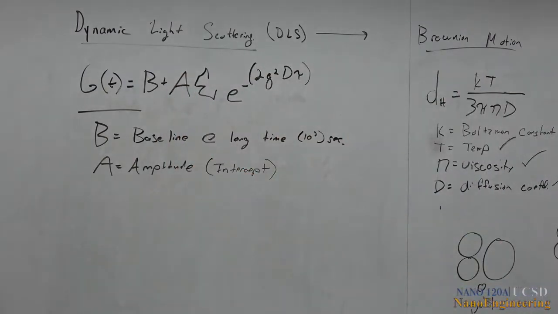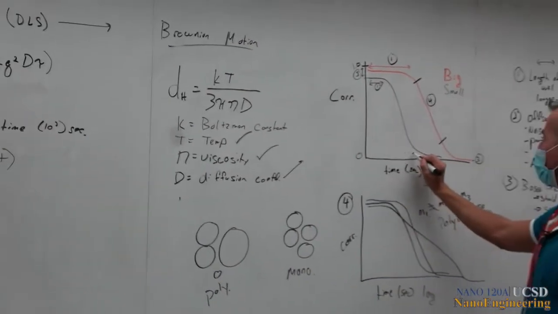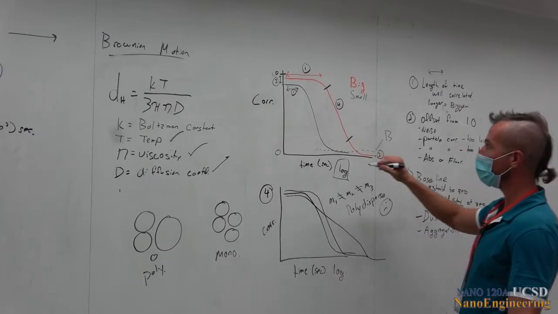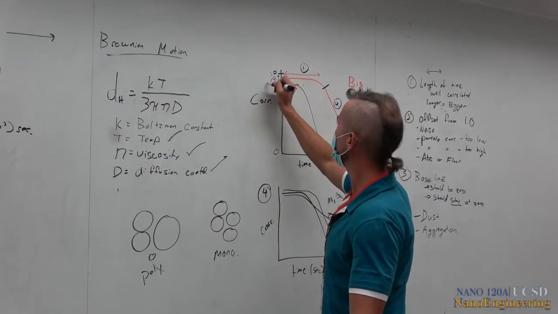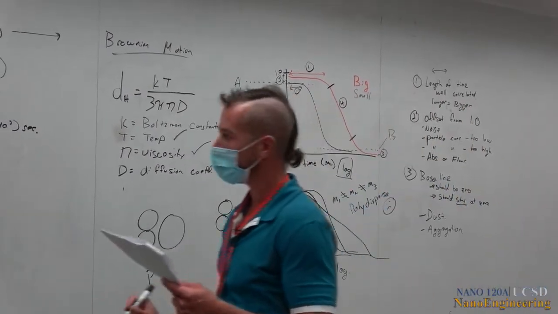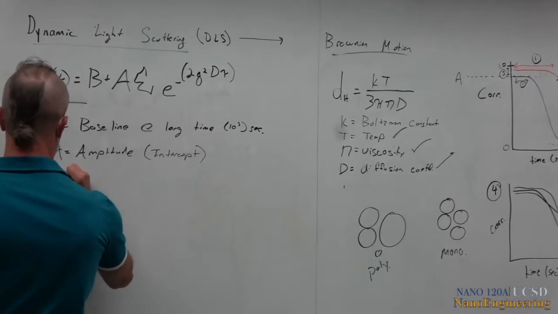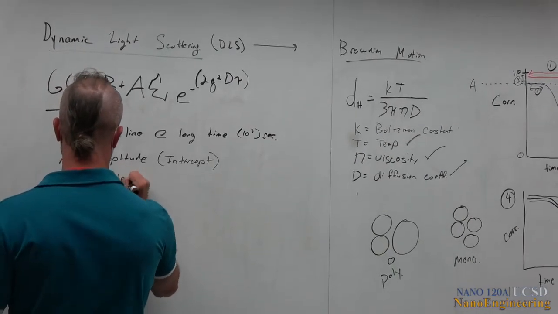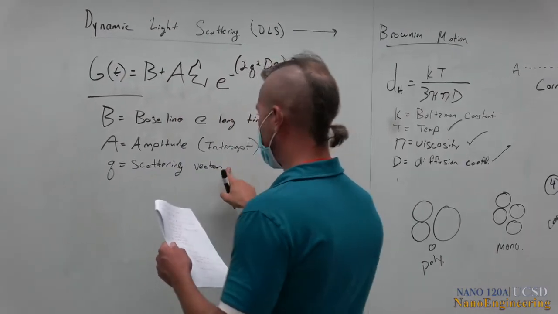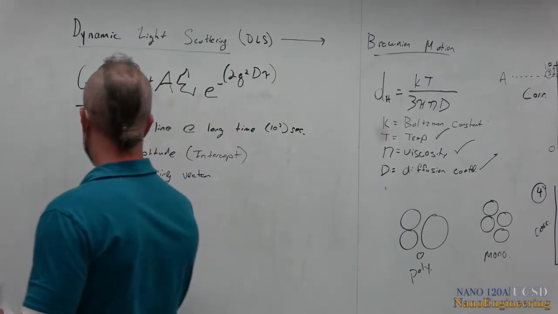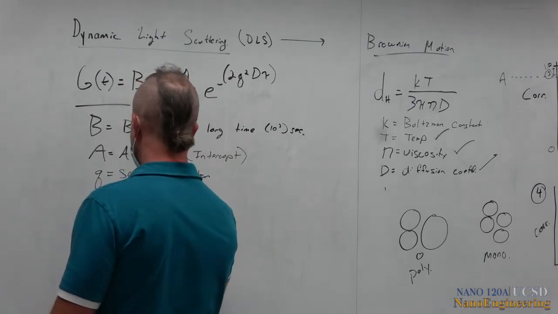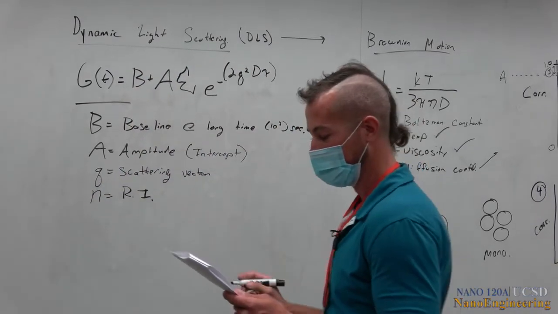So B is my baseline, this tangent line, and A is my intercept. Q is my scattering vector. I'm going to skip that and do that in a graduate class. N is the refractive index. Oh, I'm sorry, this was, yeah, n.